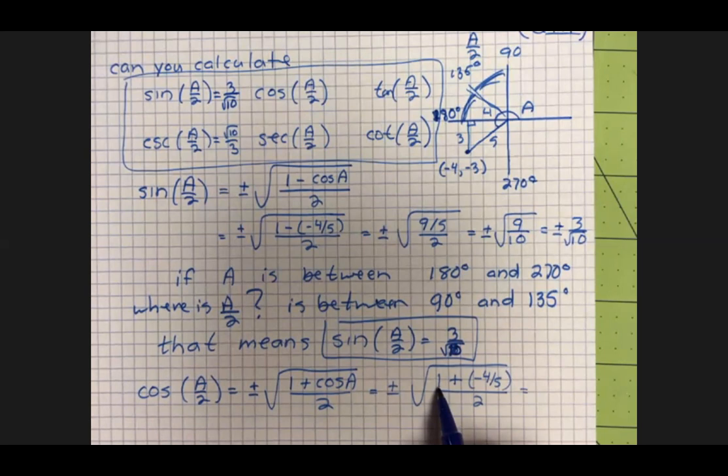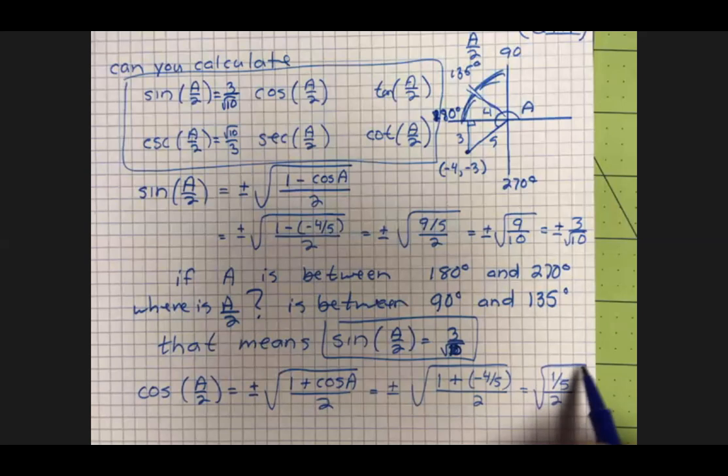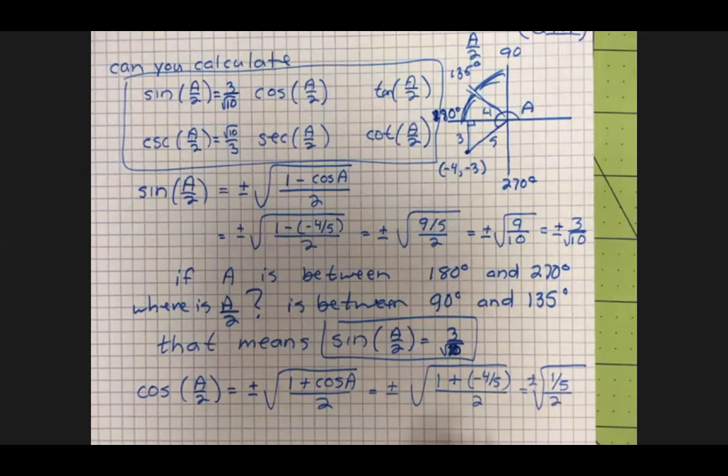And this is 5/5 plus negative 4/5, 5/5 minus 4/5. That's 1/5 over 2. Don't forget the plus minus. So the cosine of A over 2 is plus or minus square root of 1/10, which is 1 over the square root of 10.